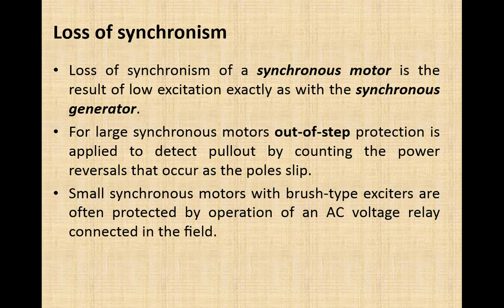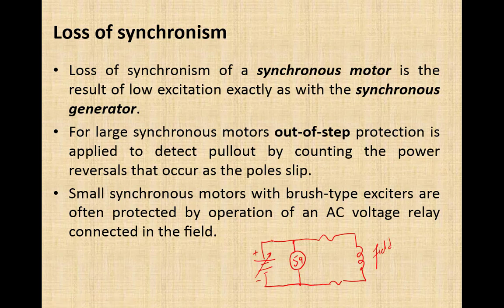And in small synchronous motors with brush type exciters, we normally use an AC voltage relay in the DC circuit. Here, this is the excitation circuit. In this field circuit, we have applied DC across the synchronous motor field, and an AC voltage relay is used over here in the field circuit to detect any AC voltage.